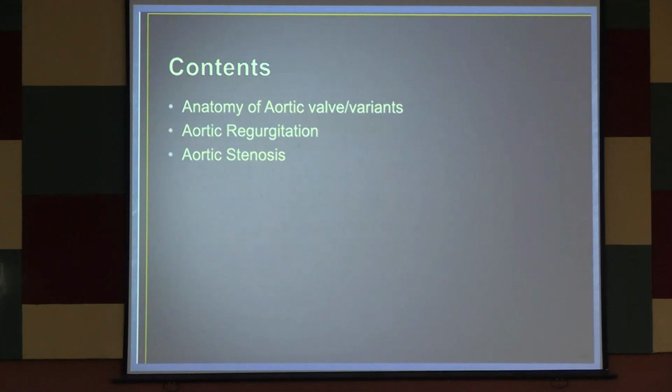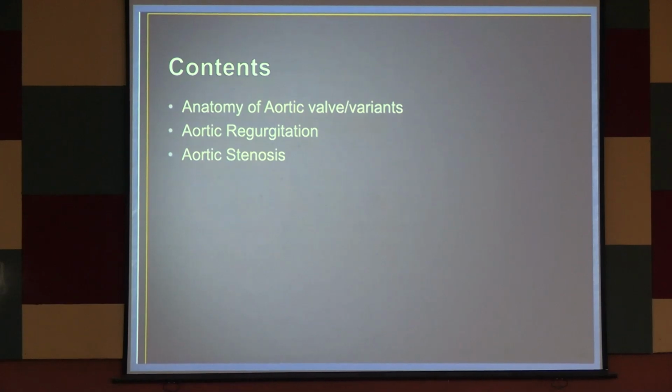Mitral valve, that is bicuspid or bileaflet. Second, the components are more or less similar, that is the annulus and the root, then commissures, then valve leaflets, then chordae tendineae, then papillary muscles, and ultimately a subjacent myocardium.